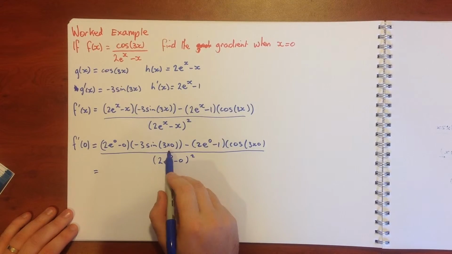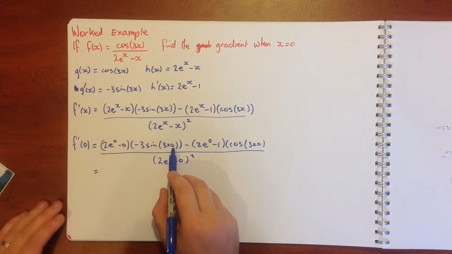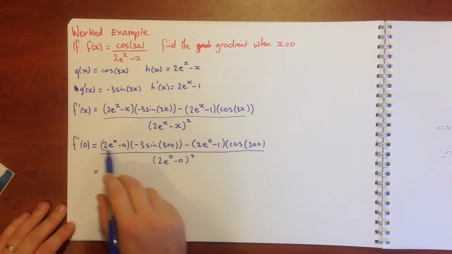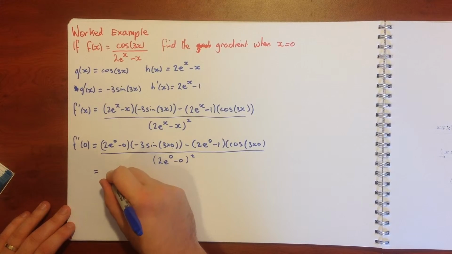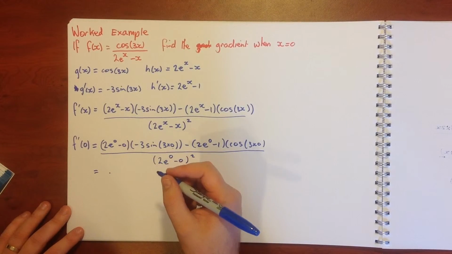We know sine of 0 is 0, so this part is all going to cancel out and be 0, which works out nicely.